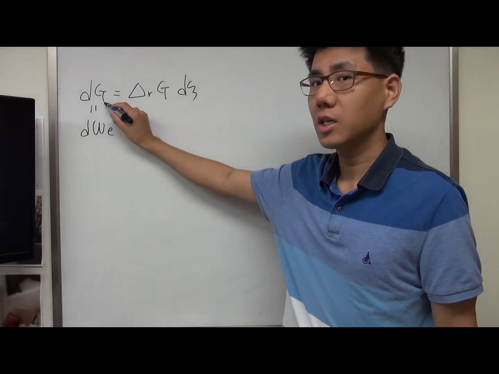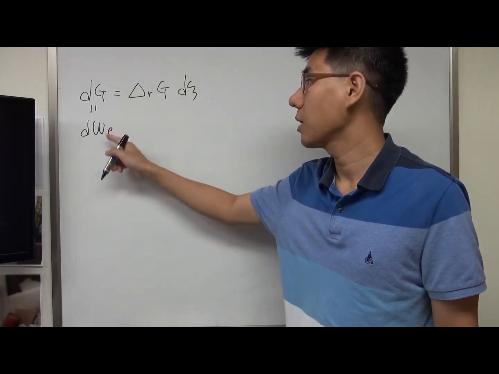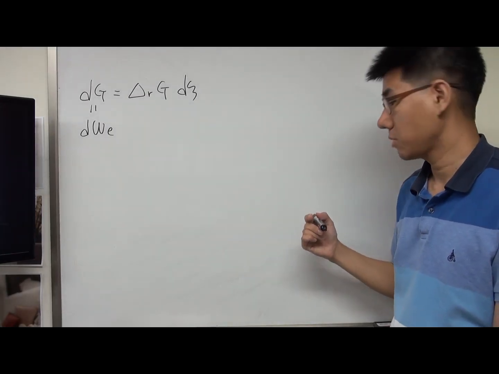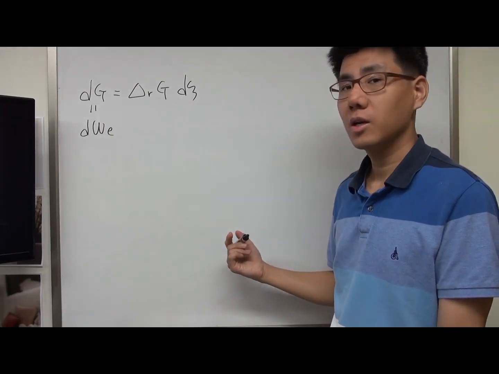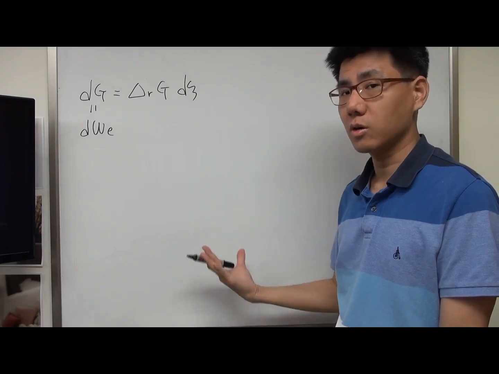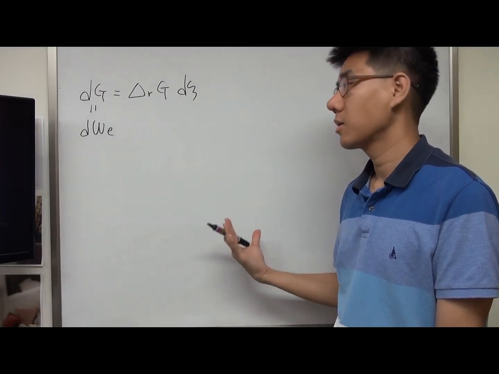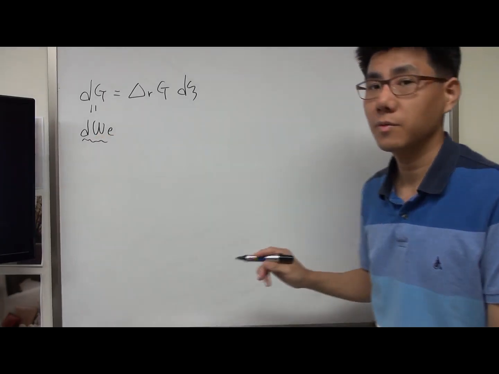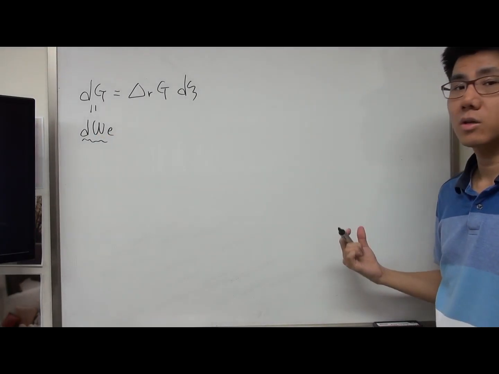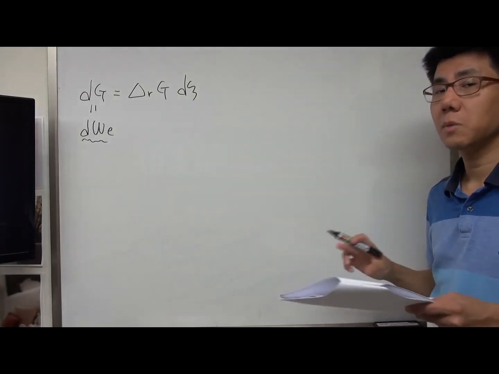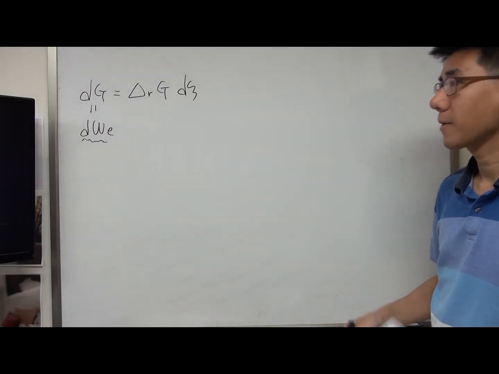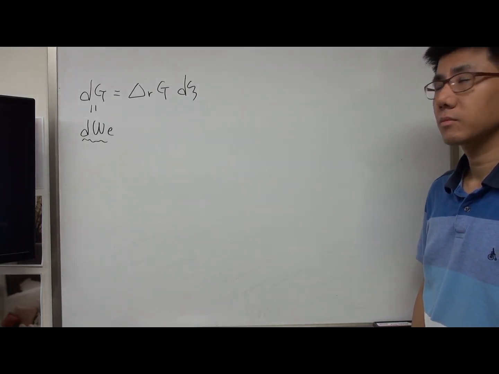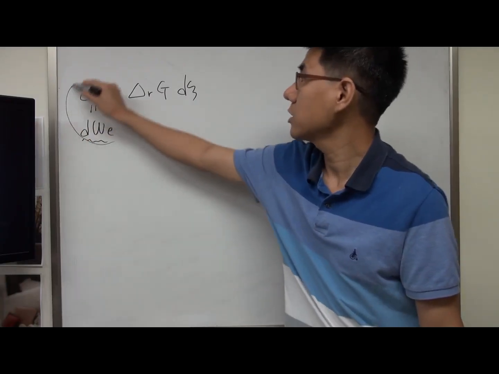Gibbs energy has the meaning of maximum non-expansion work, remember? And the electrical work generated by this electrochemical cell is non-expansion work, basically work generated by a change of chemical composition.